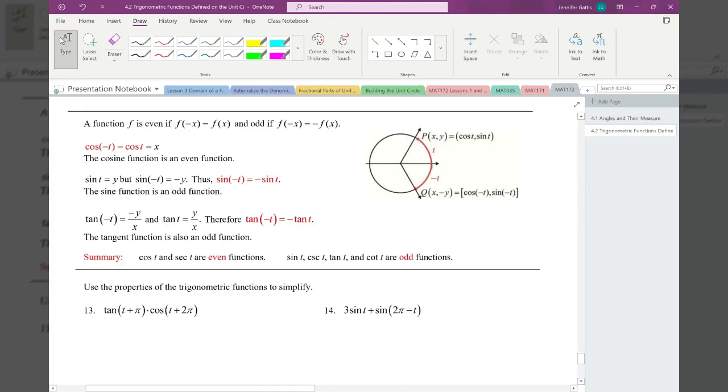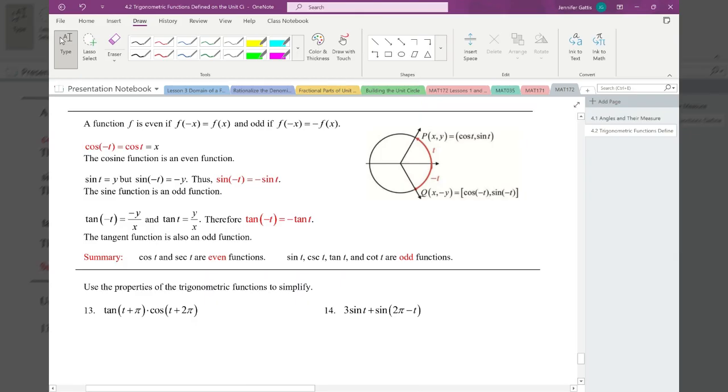All right. Last thing that we're going to go over here, y'all, is even and odd functions. If a function is even, then when you put in negative x, it just gives you the function right back out. And if it's odd and you put in negative x, it gives you the negative of that function. All right?